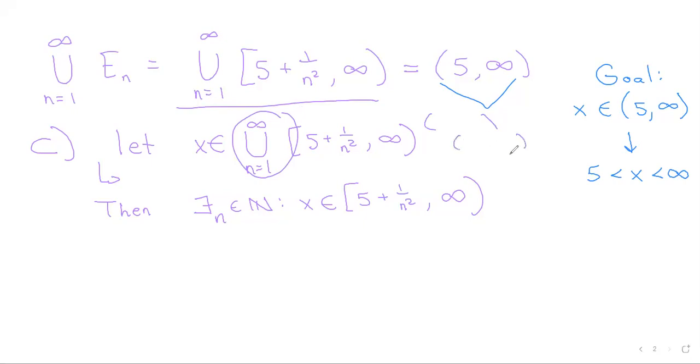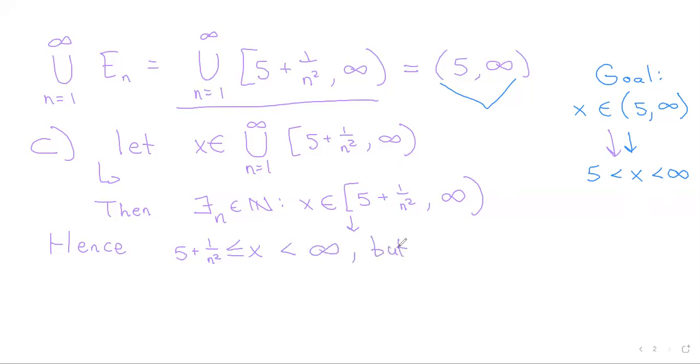So we're going to combine all of these, and if x exists in this last one, it would exist in the union. So we're saying there exists an n in the naturals such that that is true. Hence, the way we move this one down here, we will move this one down as well. And x will be greater than or equal to 5 plus 1 over n squared and less than infinity.